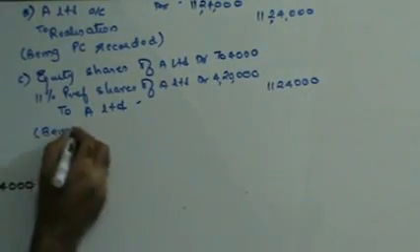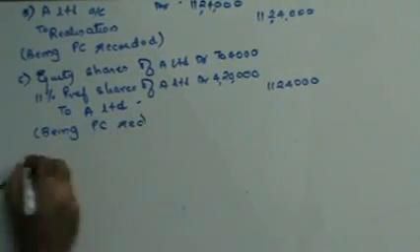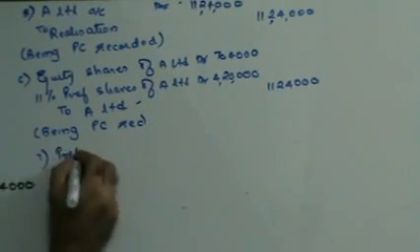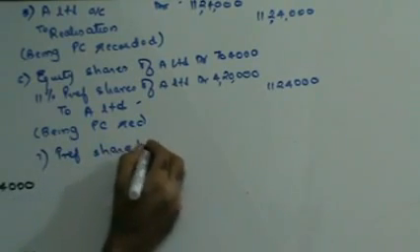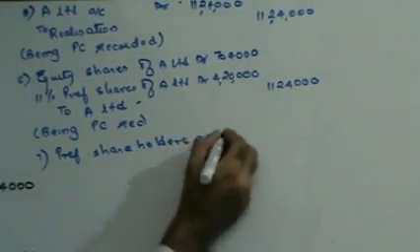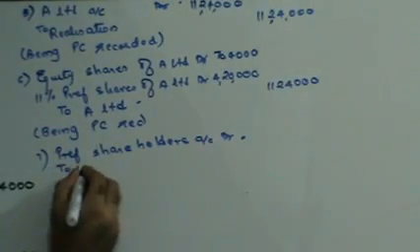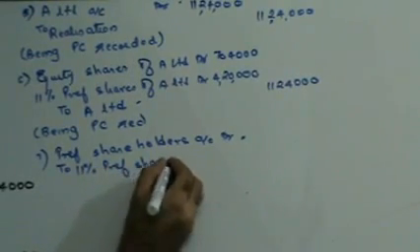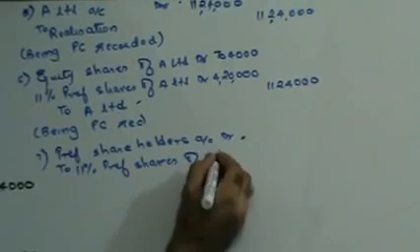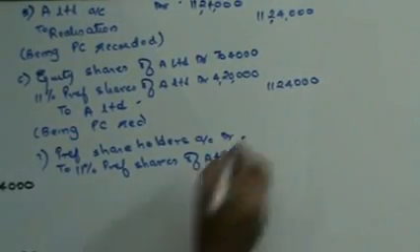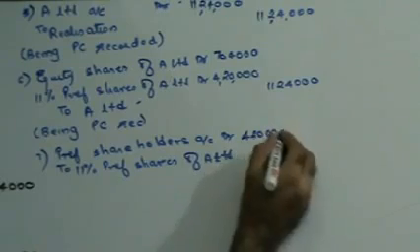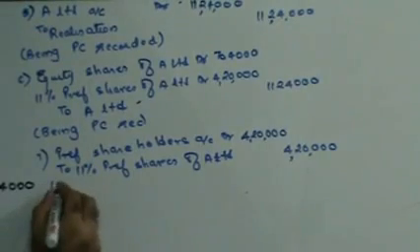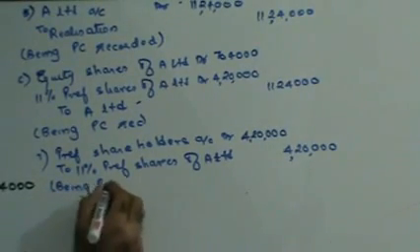Being PC received. Once you receive the PC, pay the preference shareholders. Debit the preference shareholders account, to 11% preference shares of A Limited. Right? You're going to be paying them 4,20,000. Being preference shareholders paid.